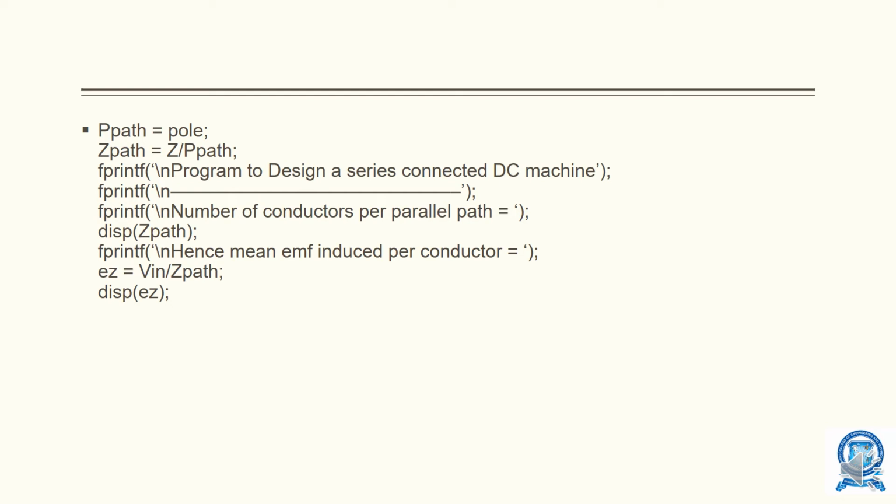So it takes the value that has been calculated by the compiler. Again, an fprintf statement is given for calculating Ez. I have given the formula, then display Ez. This Ez value will be displayed here, hence the EMF induced per conductor.